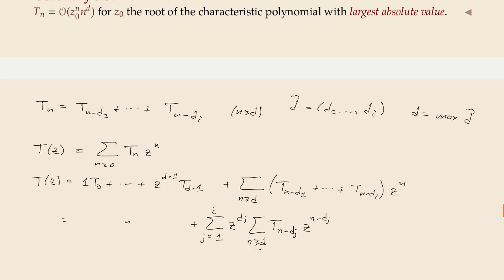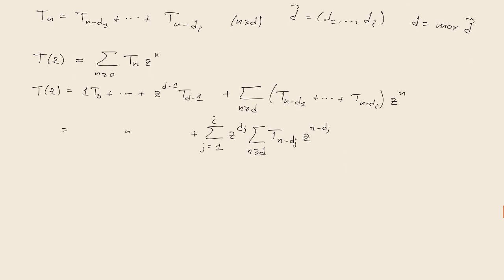The only problem is that we start a bit too late, where we can just add and subtract the terms that are missing. So here we have, again, the same form as here, after shifting this down.